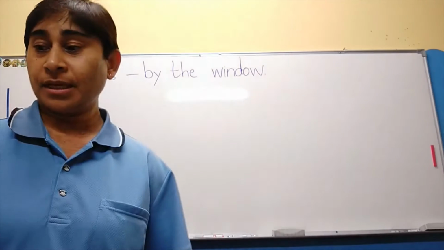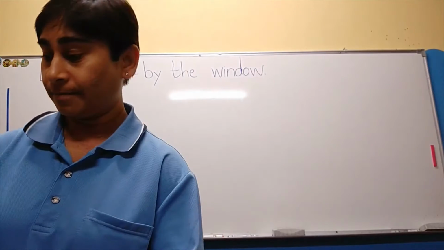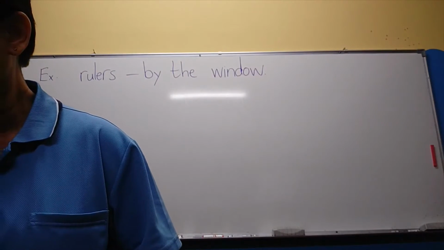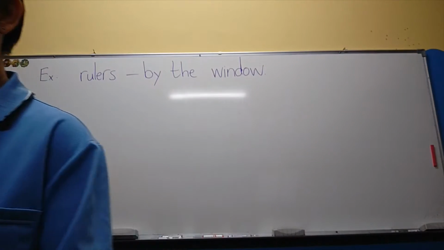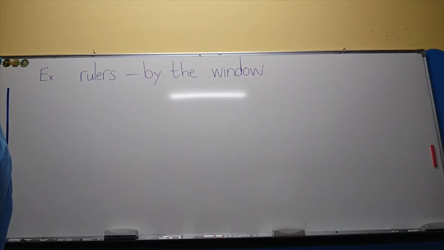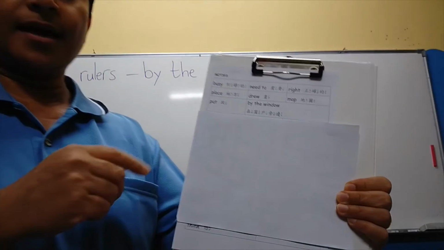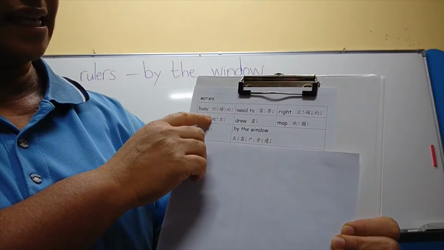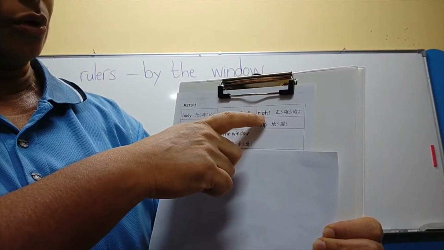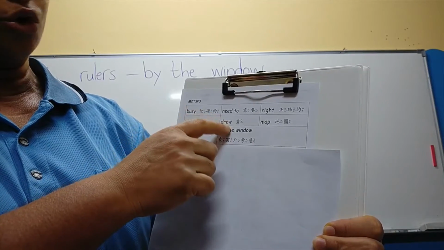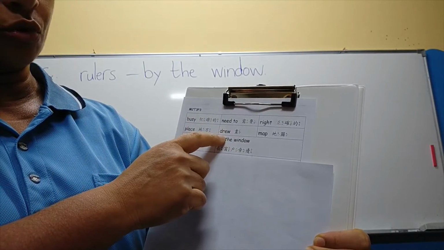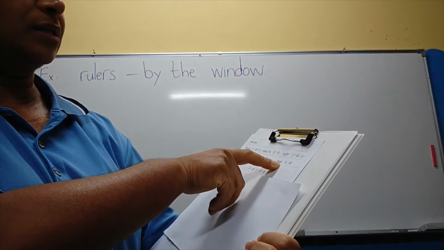Okay? Let me give you some vocabulary. Okay, you have busy, need to, right place, drew, past tense for draw, map, what is map?